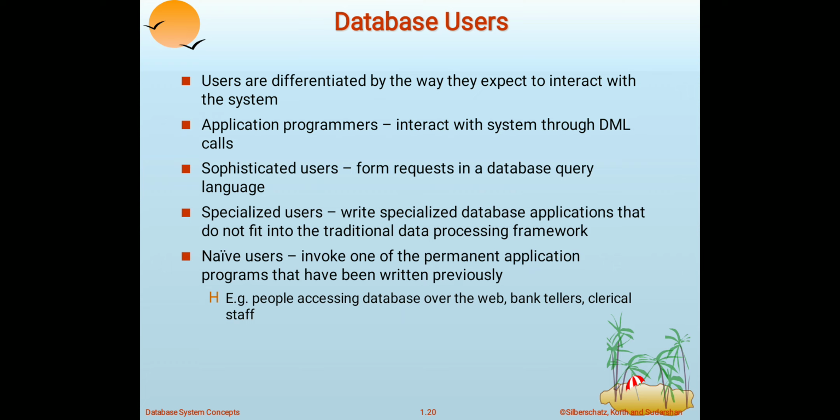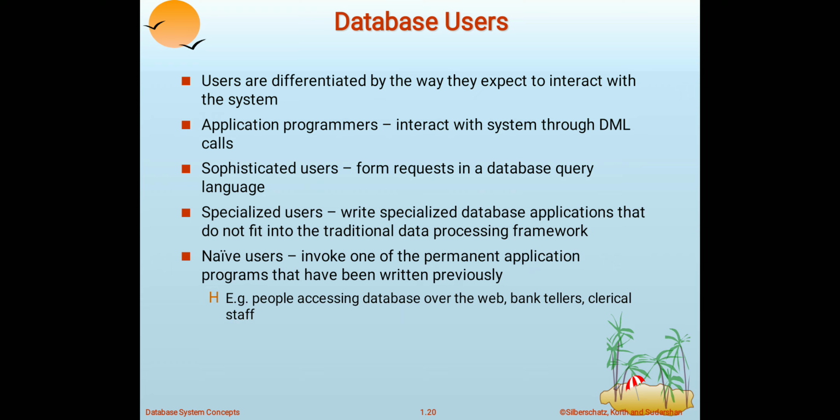So what are the database users? Users are differentiated by the way they expect to interact with the system. Application programs interact with the system through DML calls. Sophisticated users form requests in a database query language.